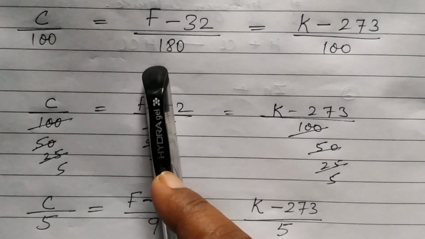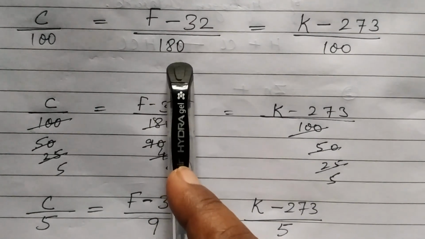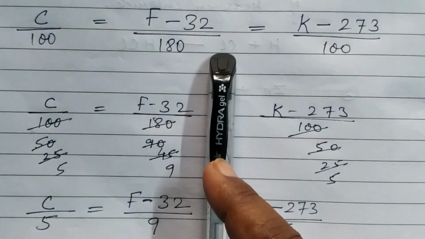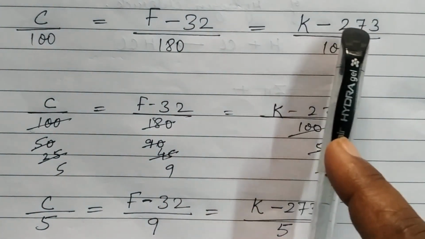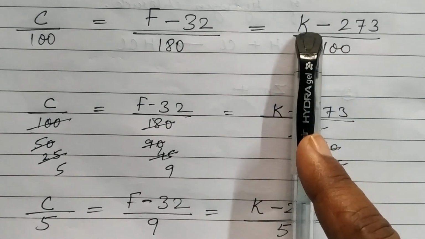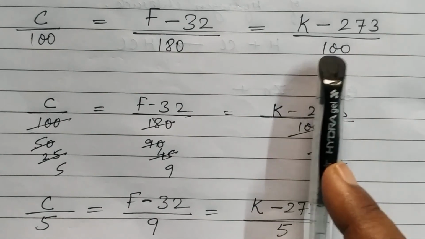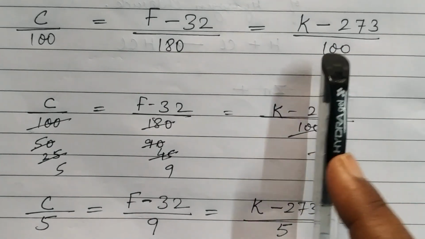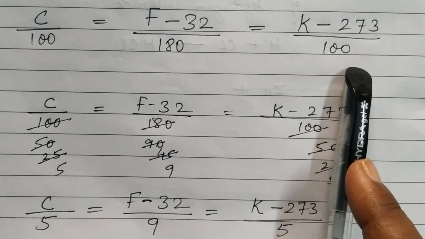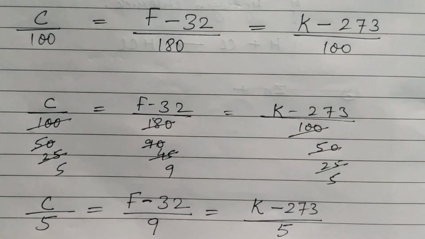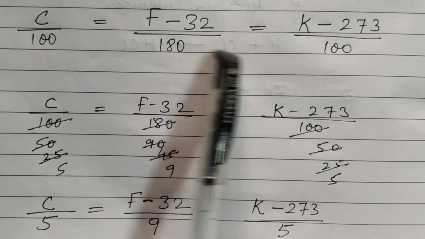Subtracting, we get 180, equals K minus 273, that is Kelvin minus lower fixed point, divided by upper fixed of Kelvin minus lower fixed of Kelvin. 373 minus 273 gives 100. So this can be one more formula.